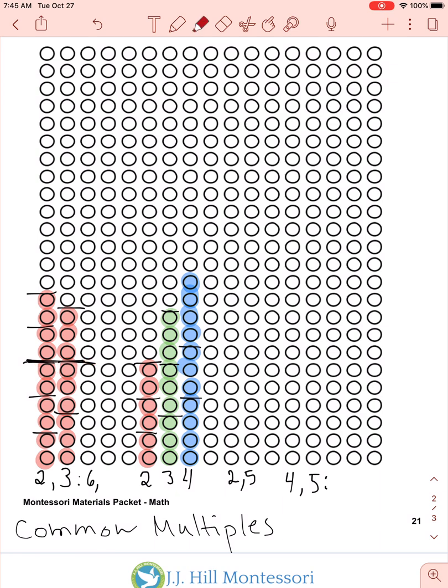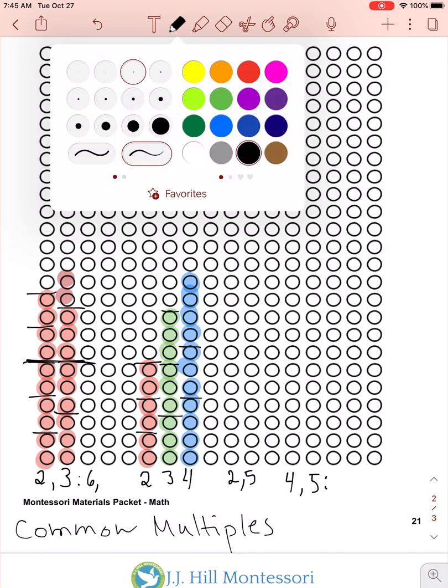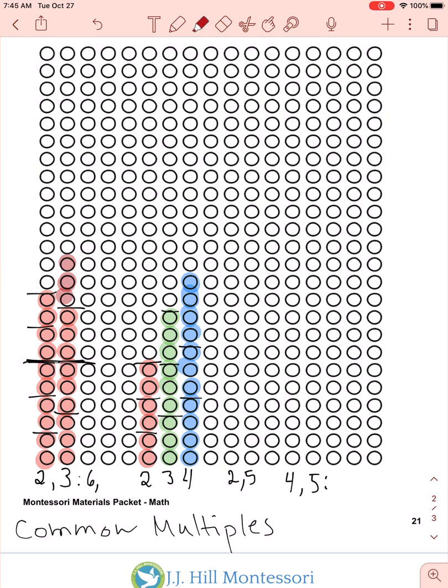And I might keep going. At this point, of these two, which is smaller? Well, 3 is smaller, so I'd start with that one first. 1, 2, 3, add a marker. 2, 3, add a marker here.